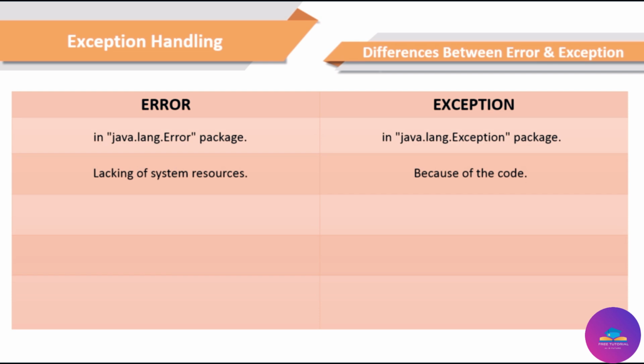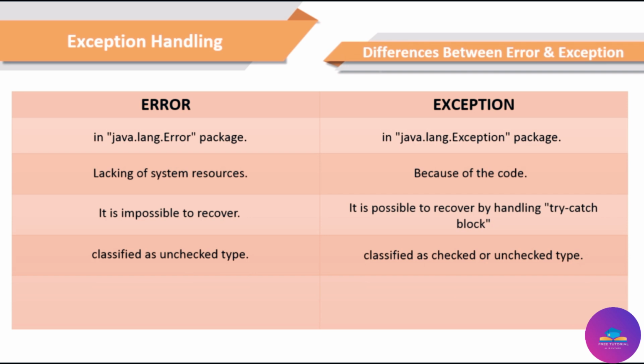An exception is caused because of the code. So it's impossible to recover from errors, but you can recover from exceptions by handling them through try-catch blocks. So errors are classified as an unchecked type. Exceptions are classified as a checked or unchecked type.